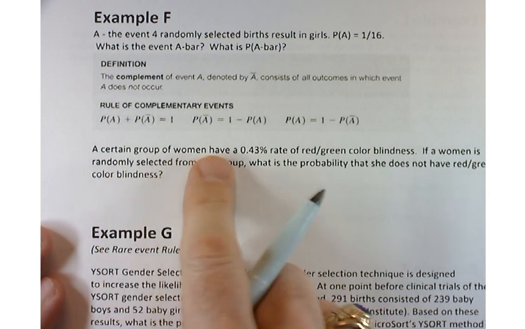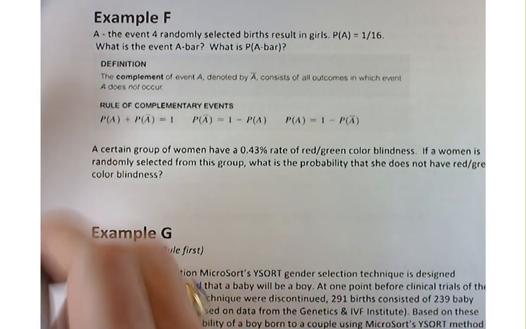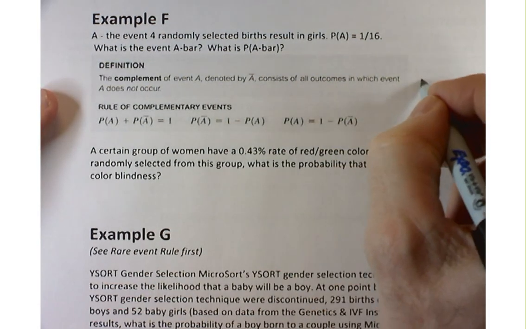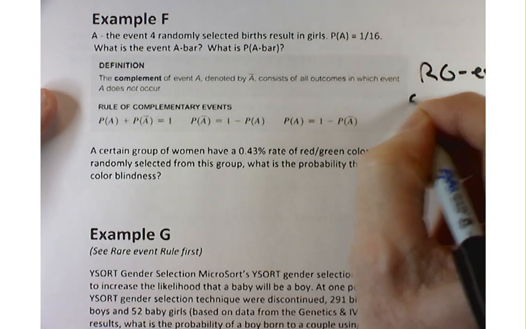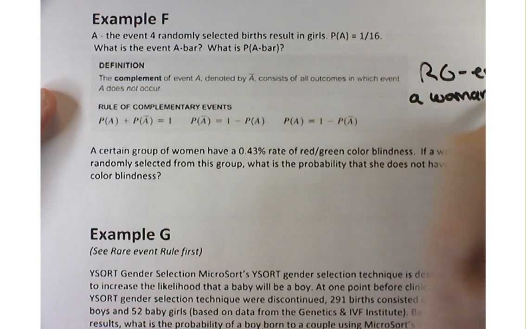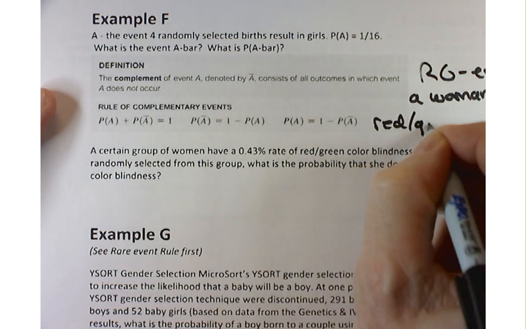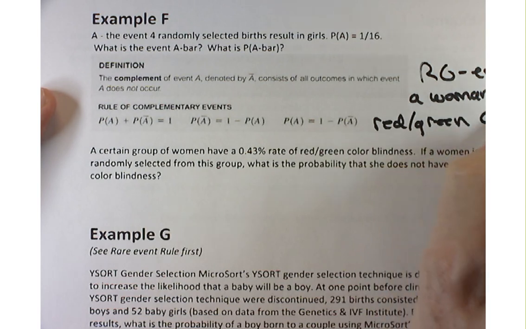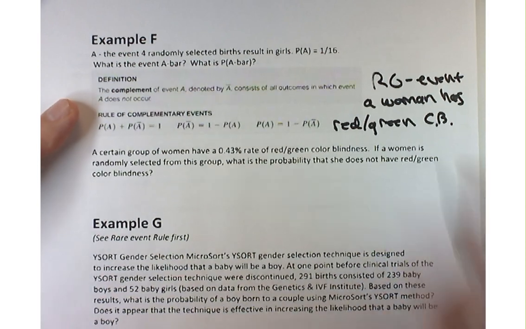A certain group of women have a 0.43% rate of red-green color blindness. If a woman is randomly selected from this group, what's the probability that she does not have red-green color blindness? Now I'm going to start out by letting RG be the event a woman has red-green color blindness. I'm just going to abbreviate it here because I'm running out of room. So RG is that event.